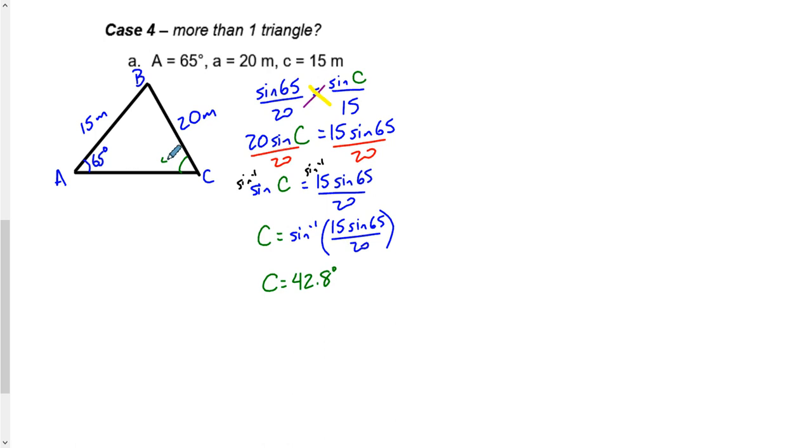So this angle would be 42.8. Of course, I'm going to keep on solving every single bit of information that I can. I'm going to solve for this angle by taking my 180, subtracting my other two known angles, sorry. And I can solve for my last side.